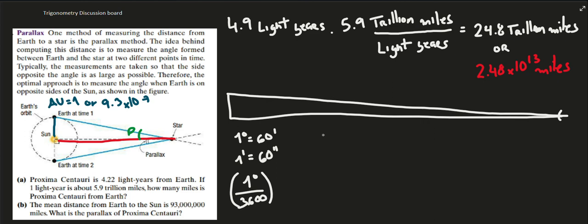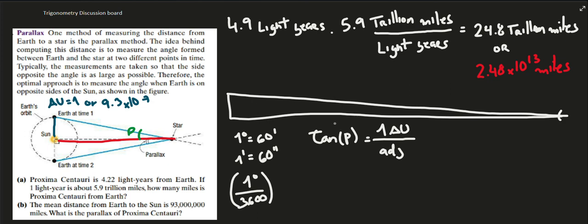We can calculate 1 parsec by taking the tangent of that angle P, one astronomical unit, and then the adjacent side. In this case, 1 parsec is the distance to a star that has a parallax angle of 1 arc second.